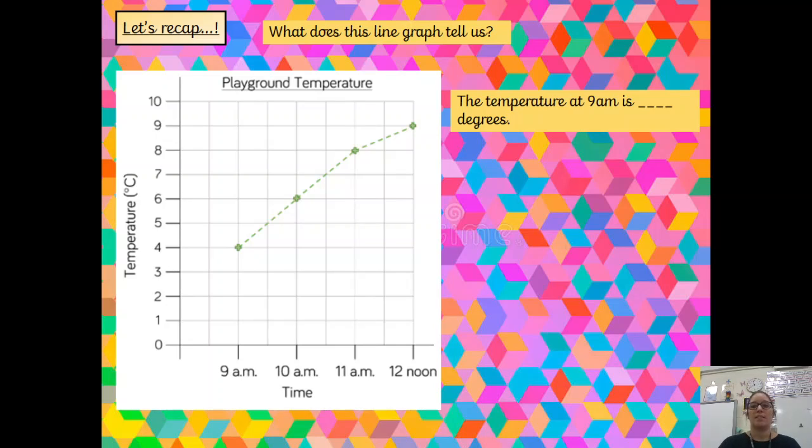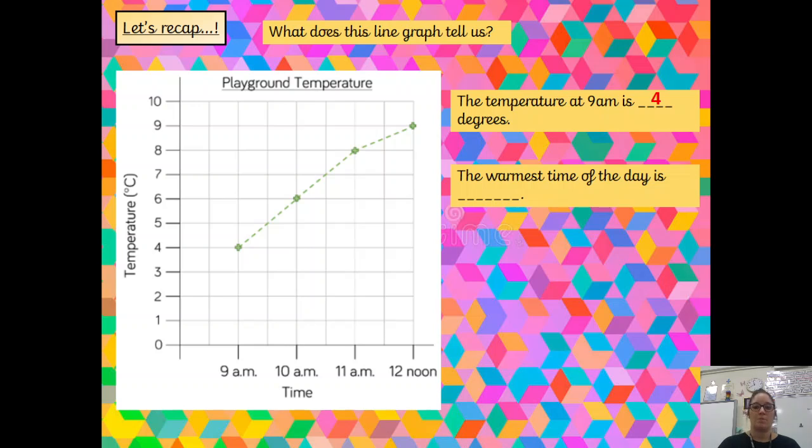Okay, let's have a look then. So the temperature at 9 AM is something degrees. If you remember, we're going to start at 9 because this is the information that we're given. So we can start at 9 AM and then we can go up here. Now we can go across left to 4, so we know the temperature at 9 AM is 4 degrees.